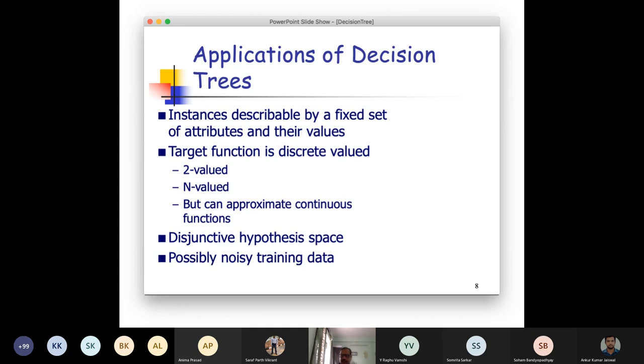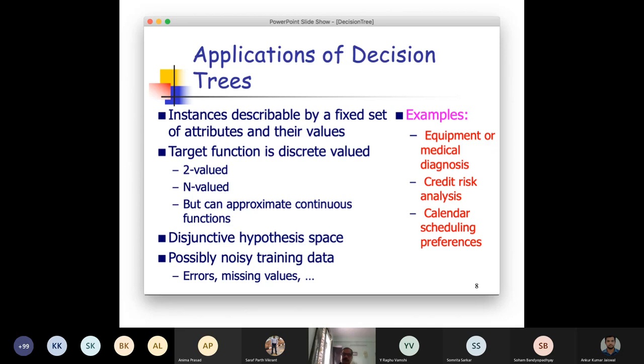But from now onwards, we will consider that your training data may contain errors. In the perspective of decision trees and the rest of our discussions with various other approaches, we'll consider that there would be noise in our training data. There could be errors, and there could be missing values, where some attribute values may not be available. We'll see how to handle such situations.